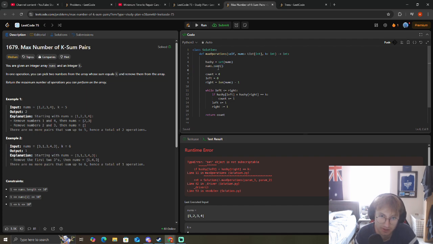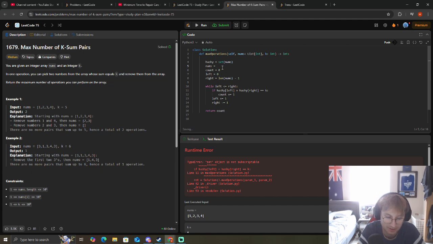And then we make, so we get rid of the duplicates, and then we make nums is equal to hashy, and then we do nums dot sort. Is that crazy, bro? Or is that like 200 million IQ? I don't even know if this will work, but I'm just curious to see.